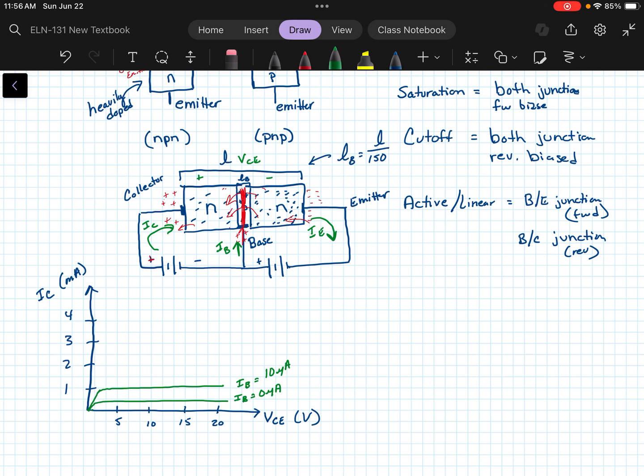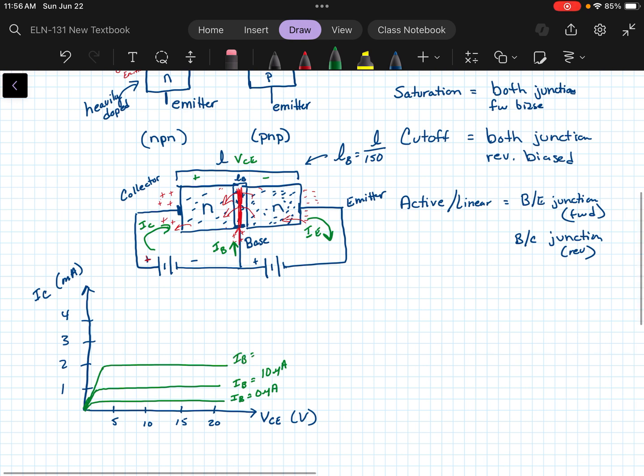This is just for one particular transistor, not for every transistor. I'm just making this one up. And this might be for IB is 20 microamps, and this would be maybe for IB is 30, and so on. You get the picture. So depending on the current at the base, right here, we would get a certain current at the collector that we would expect then to travel through the transistor.